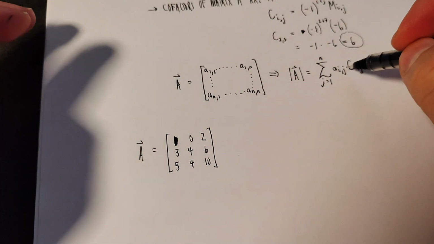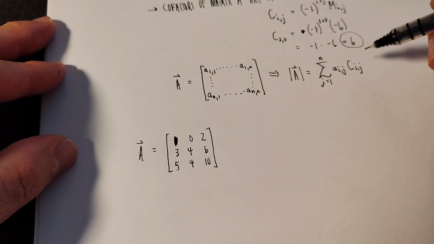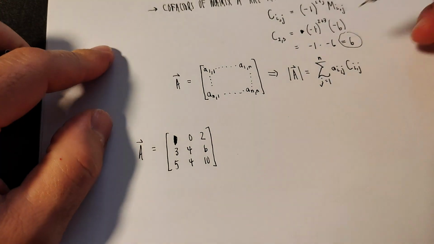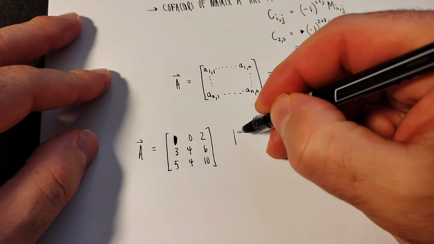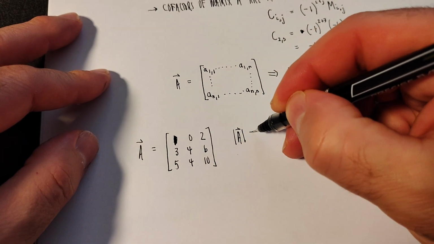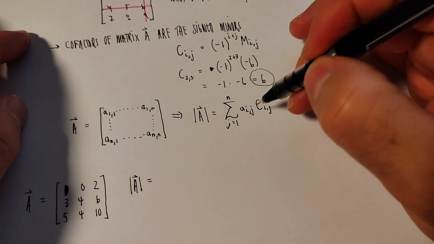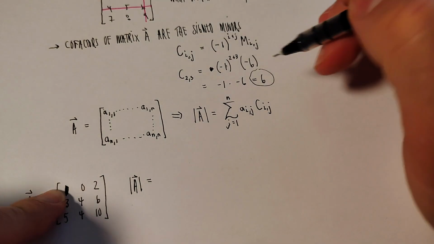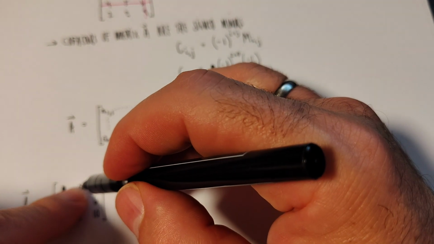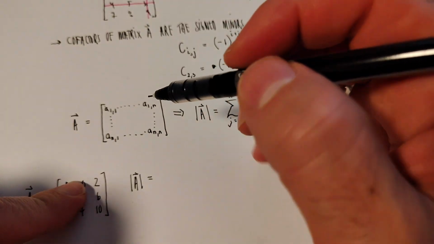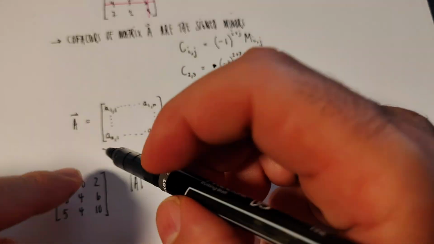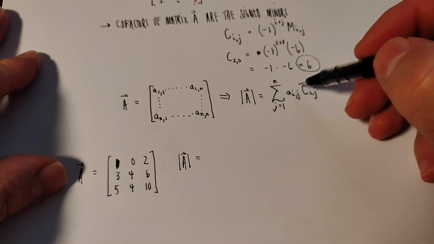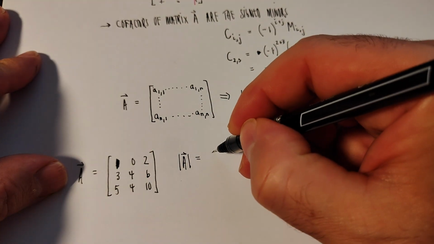So i is equal to 1 here, and we need to sum up over j all the cofactors. So how do we do the cofactors? Again, you have to remember the determinant of A then is going to equal, we have to take the actual element in the first entry times the cofactor of that first entry. The element of the second entry times the cofactor of that second entry, plus the element of the third entry times the cofactor of that third entry. So we're summing here. All right, so let's do the first one. So what's A11? It's just equal to the number 1.